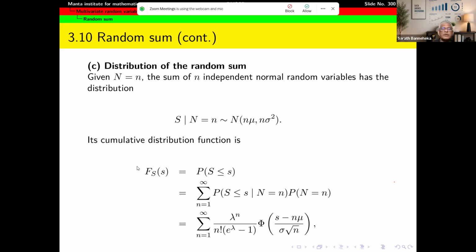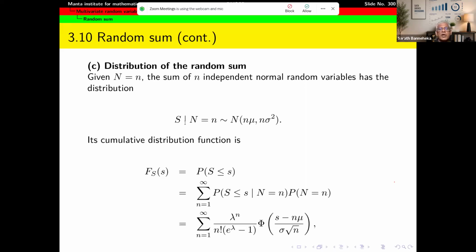What we know is that for a given N, when capital N is equal to a fixed n, the sum of a fixed number of terms is normal with mean equal to n mu and variance equal to n sigma square, because each Xi has a normal distribution with mean mu and variance sigma square, and the Xi terms are iid.